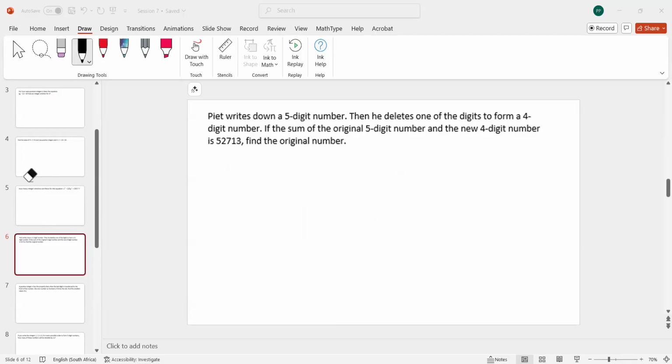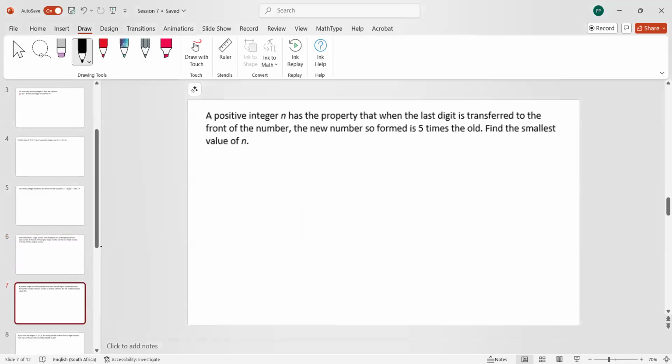Okay, now we have to go on to the next problem. Okay, it says that a positive integer n has a property that when the last digit is transferred to the front of the number, the new number is 5 times the old.